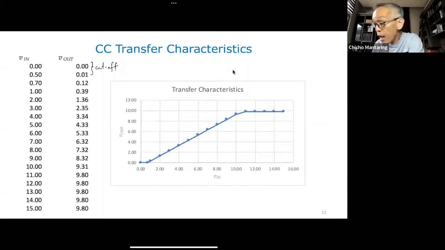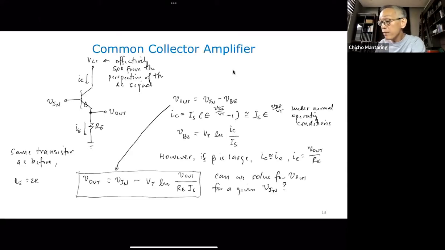Okay, and that will happen until about 10 volts. So here, this is active. Now, what happens if I increase the input beyond 10 volts?